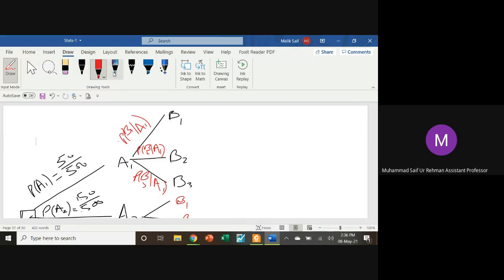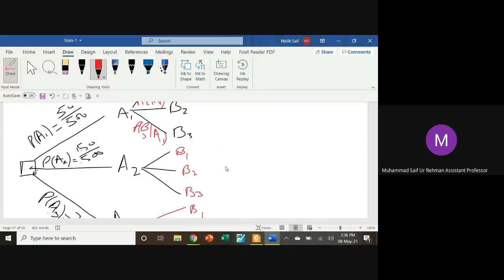Similarly, for A2, how will you write it down? Probability of B1 given A2. Similarly, probability of B2 given A2. Here you write down probability of B3 given A2, like this.